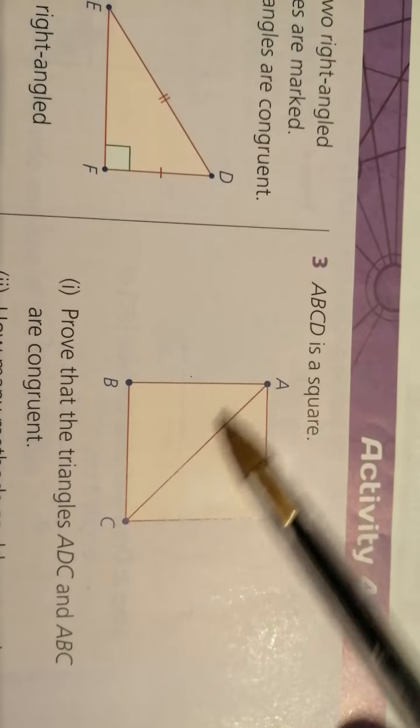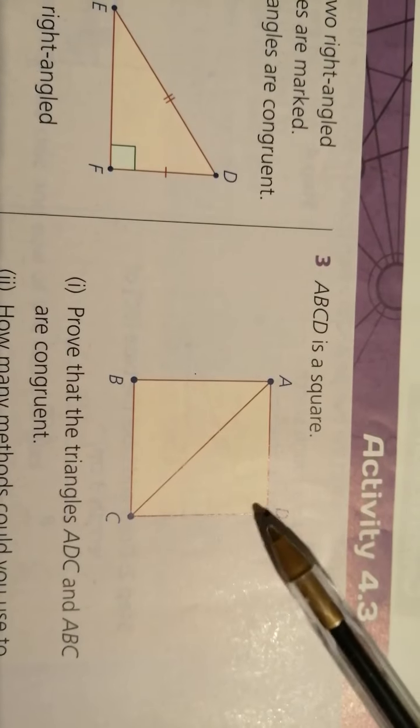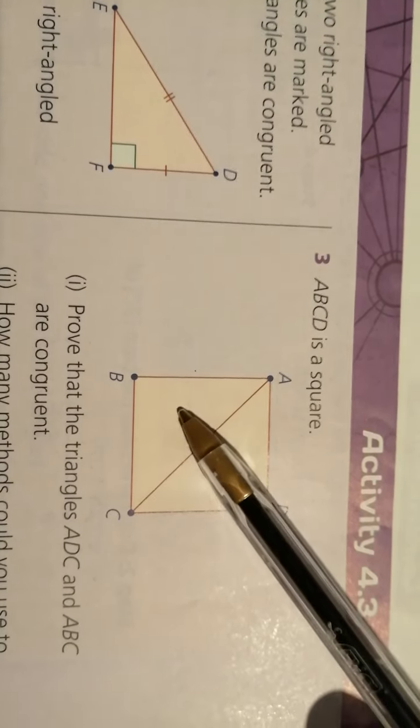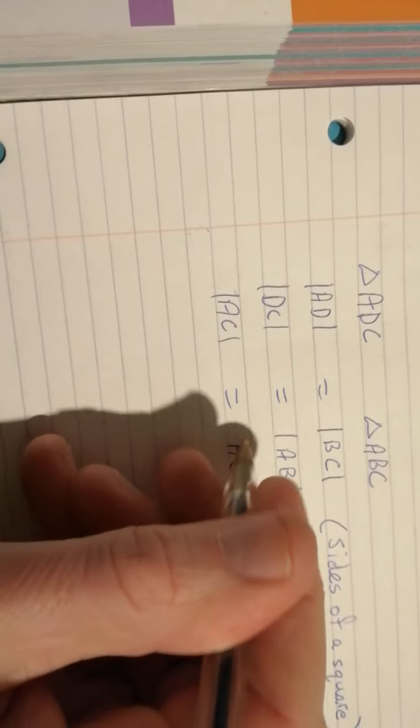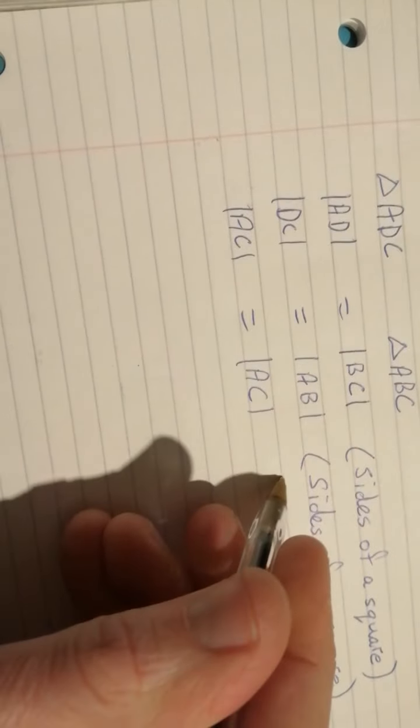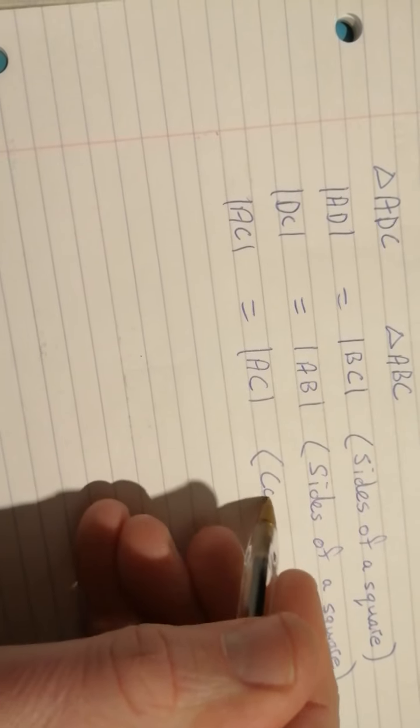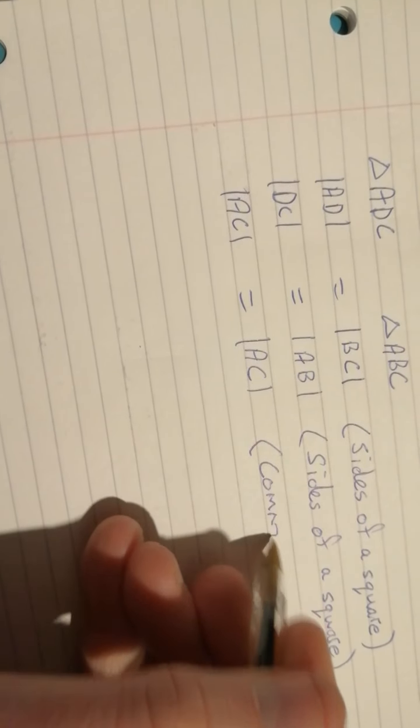Okay, and finally, we've got this side AC, which is in this triangle, but also it's part of this triangle. So what we can say is that AC, since it is a side in this triangle, is equal to AC, which is a side in this triangle. And the language we normally use is we say it's a common side. It's common to both triangles.